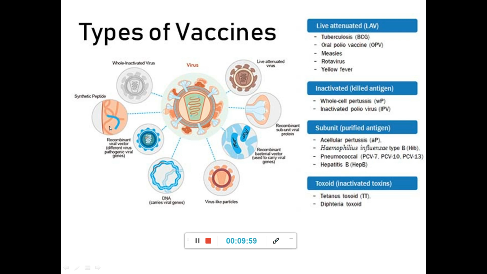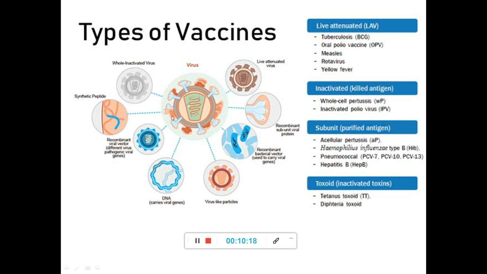Then you have synthetic peptides. What does it mean? If you have a particular protein on this virus, I will take that protein, sequence it, and know its amino acid sequence. Then by synthetic chemistry, I can synthesize that particular peptide.